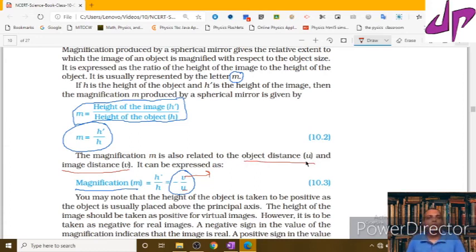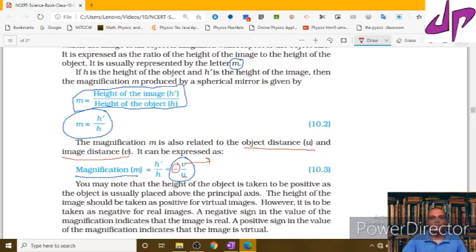There are two ways to calculate the magnification: in terms of the height of the image to the height of the object, or in terms of the image distance to the object distance. And when you use the distance formula, keep in mind we use a negative sign. The negative sign tells whether the image is inverted or not.